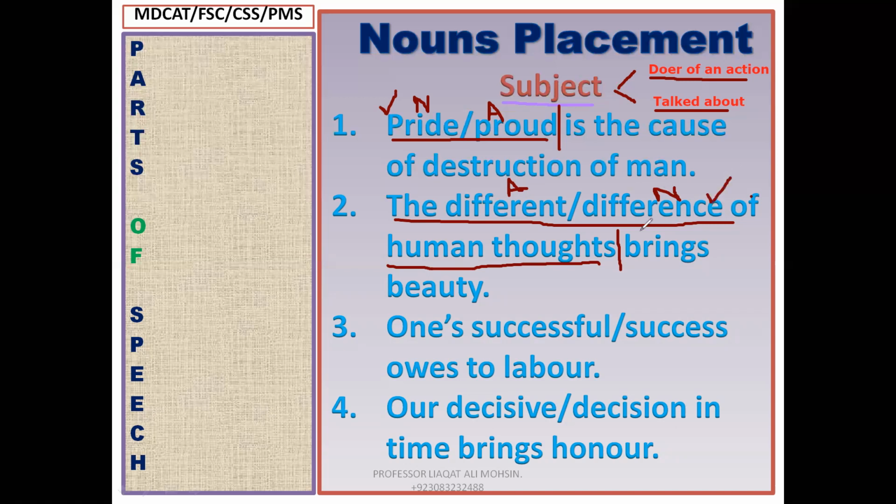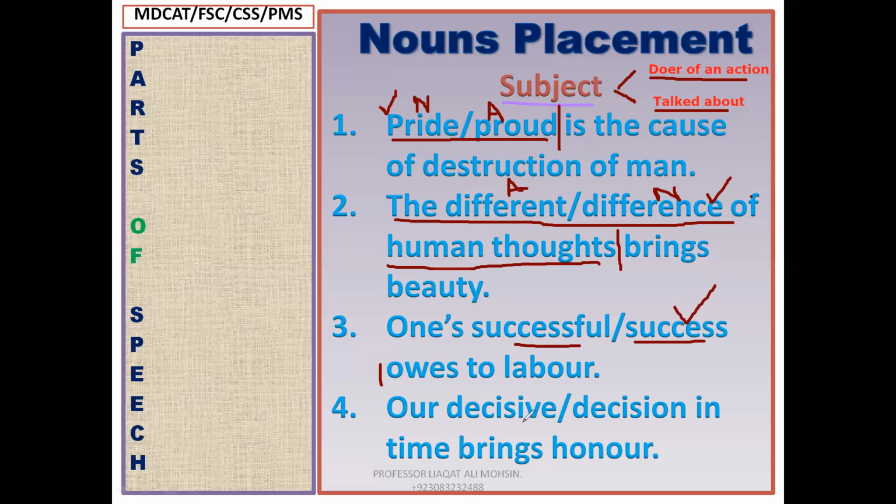Why? Because we have studied that nouns will be used in the placement of a subject. Once again, O is the verb, and before that whole subject, success will be the subject of the sentence. Successful is an adjective, and success is the noun. This is, success owes to labor.